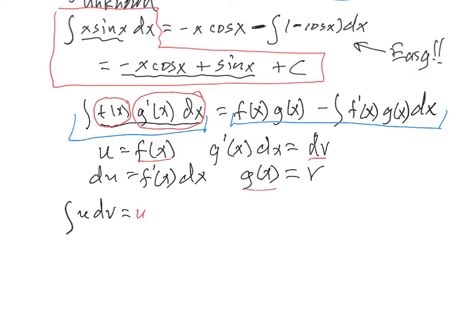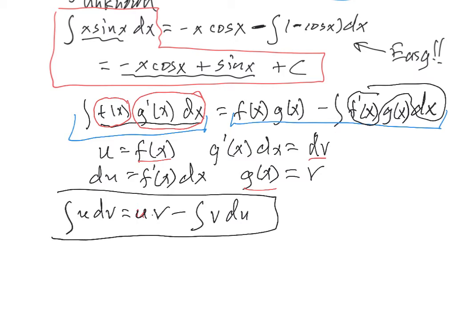So we'll say uv, minus the integral, and then we have f prime of x dx, that's du, and then we have g, which is v, so v du. Okay, and that's the way we're going to think about it going forward. That's the way I'm going to write it.